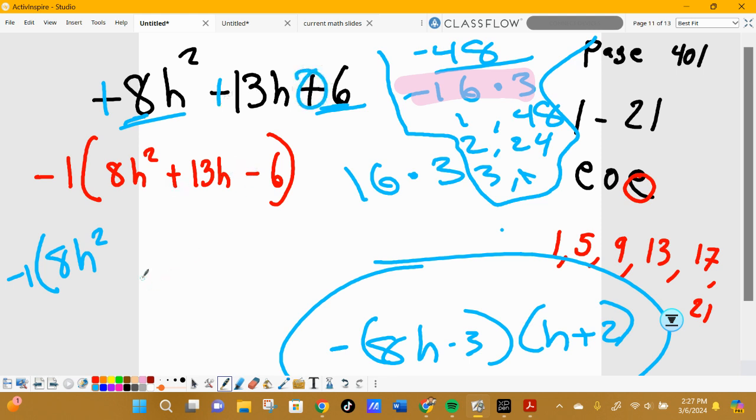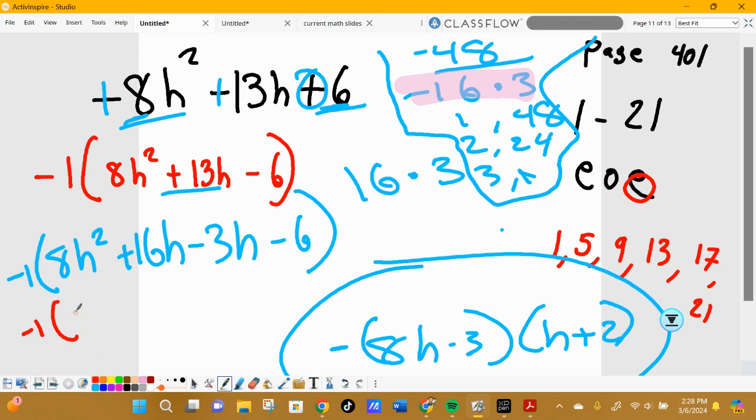So 8h squared plus 16h minus 3h minus 6, because combining these gives you 13h. Keep the negative out here.